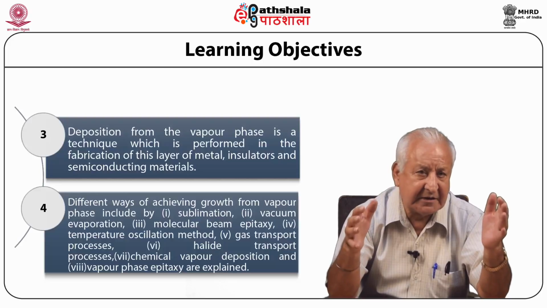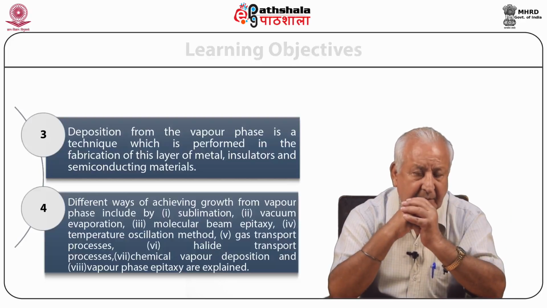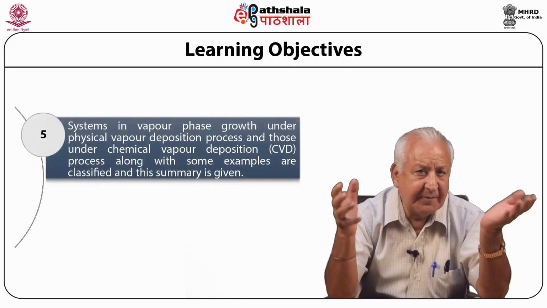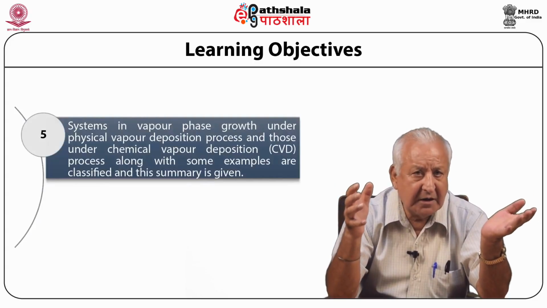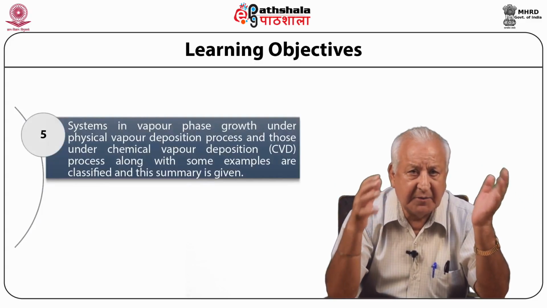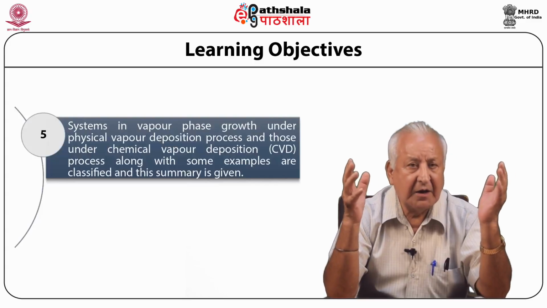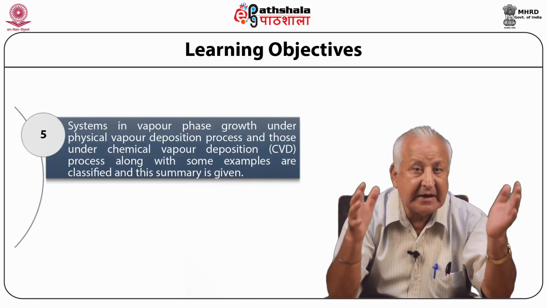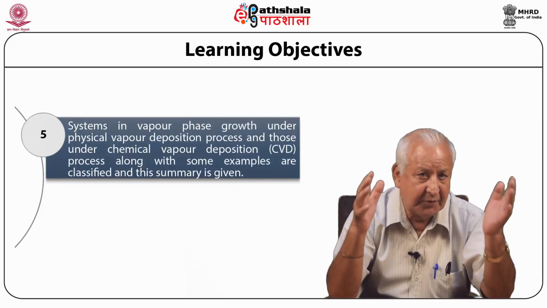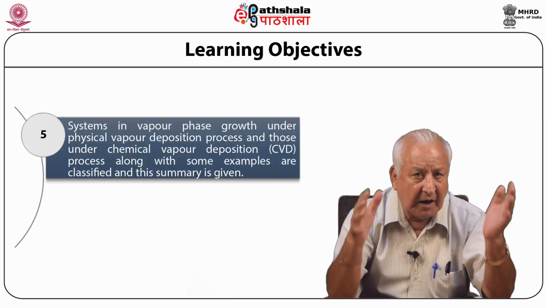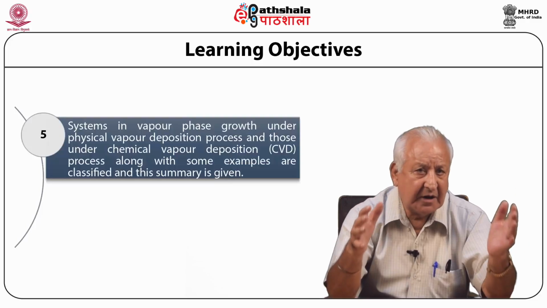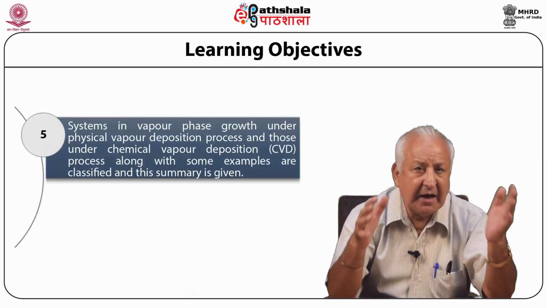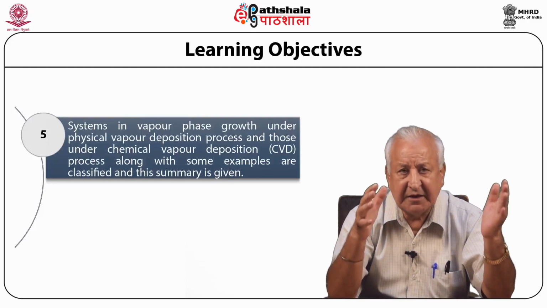Vapor phase epitaxy, which are explained. Systems in vapor phase growth under the physical vapor deposition process and those under the chemical vapor deposition, abbreviated as CVD, process, along with some examples, are classified, and this summary is given.